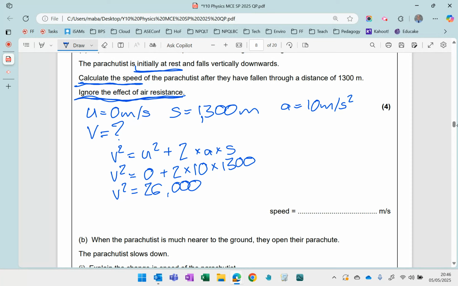We're not done yet though, because that's told us v squared, and we need to find v, so we need to take the square root of 26,000, which gets us 161.245 blah blah blah meters per second.